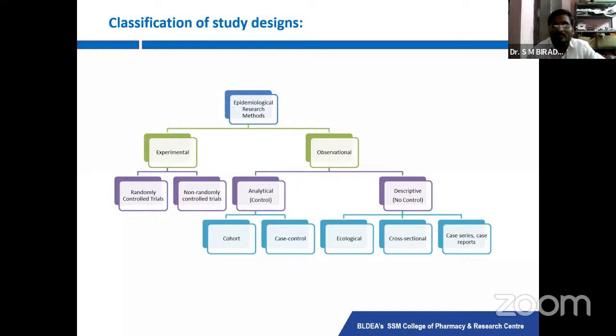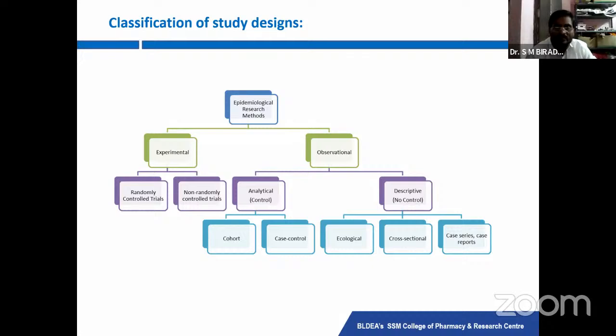Basically, observational studies are the kind of study where the researchers are not directly intervening, meaning they are not disturbing any of the participants, or they are not doing any kind of experiment on the participants. In an observational study, what they do is they just observe the patients, or they observe the animals, whatever subjects they have taken for their study.